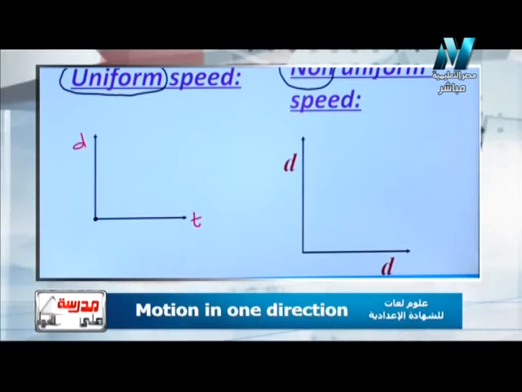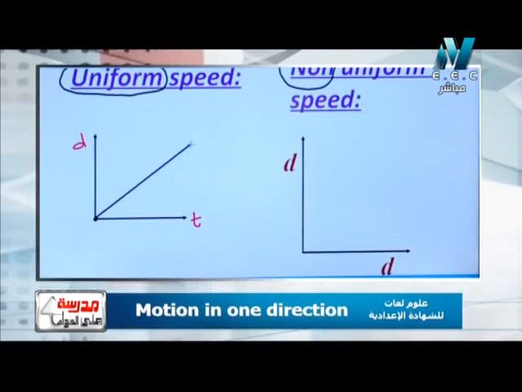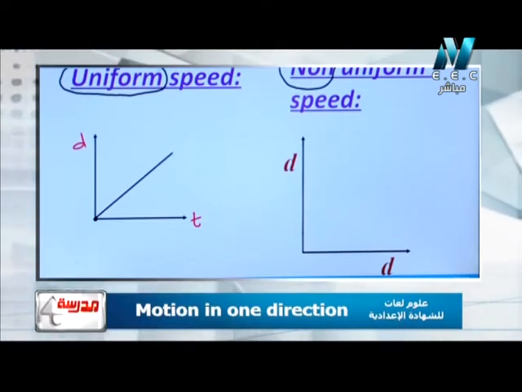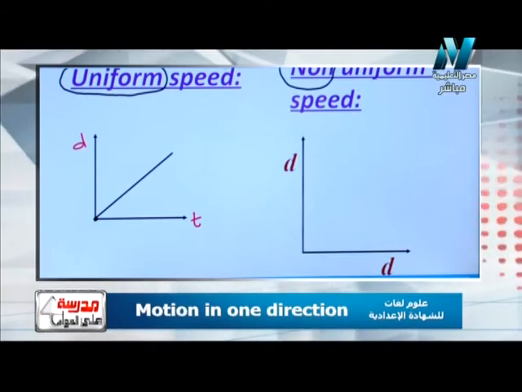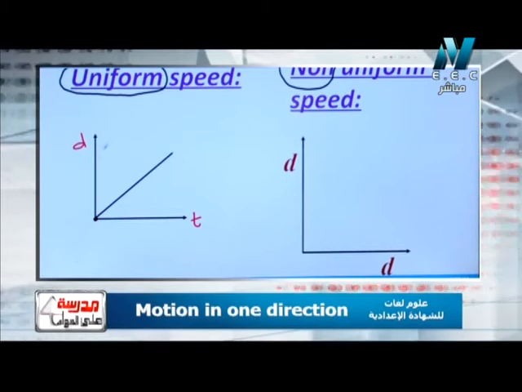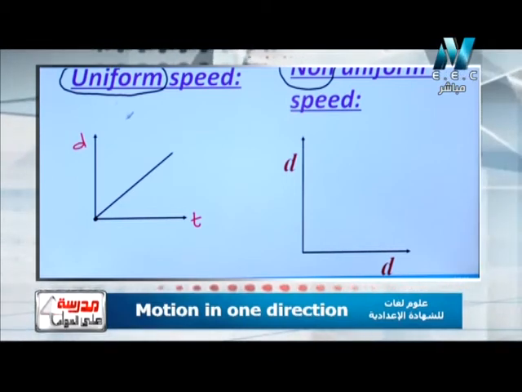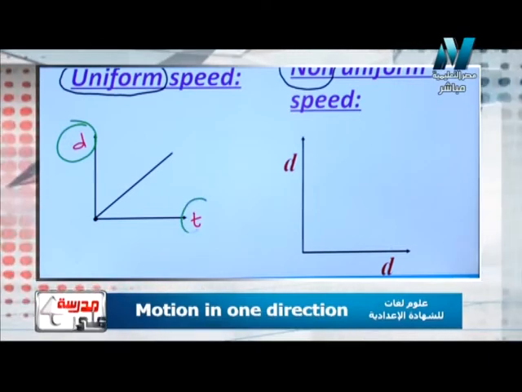We should draw a straight line passing through the origin point, as you see in front of you. Why do we represent this relation between distance and time in uniform speed by a straight line? Because in this relation the body covered equal distances in equal periods of time.